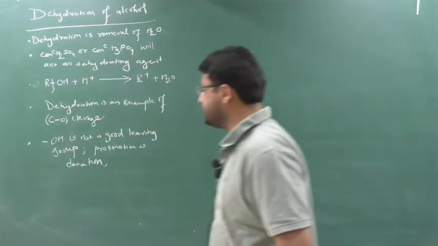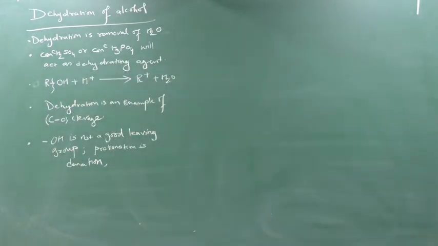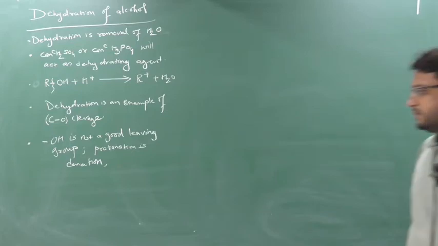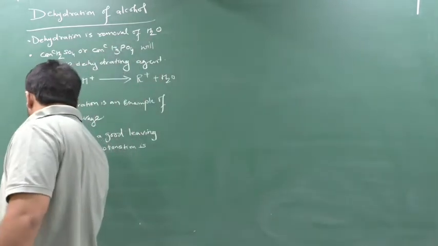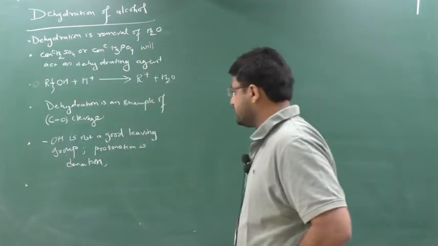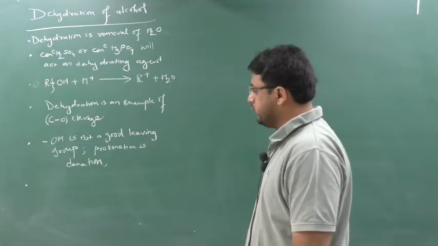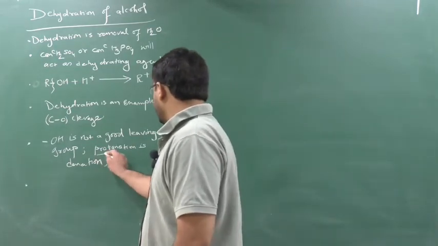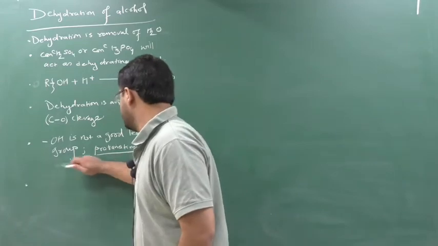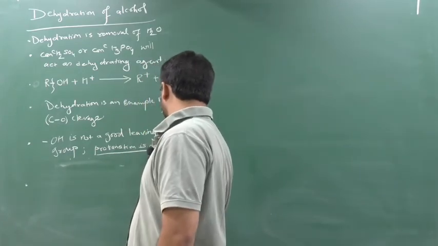After protonation, we follow the mechanism. The first point is this: OH is not a good leaving group, that's why in the mechanism we do protonation.